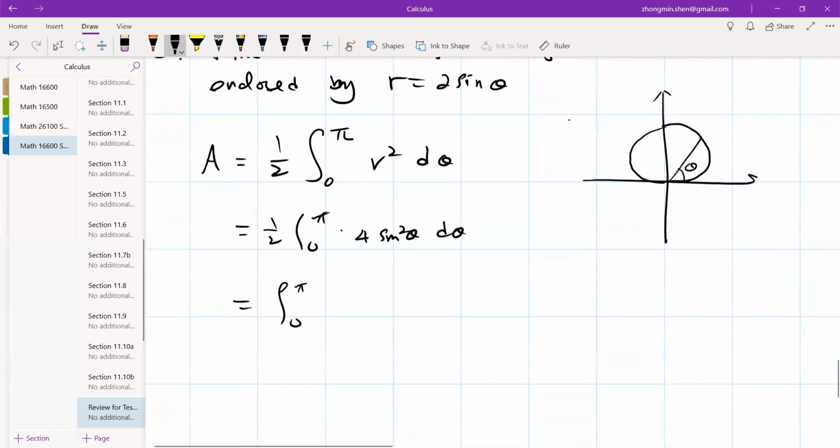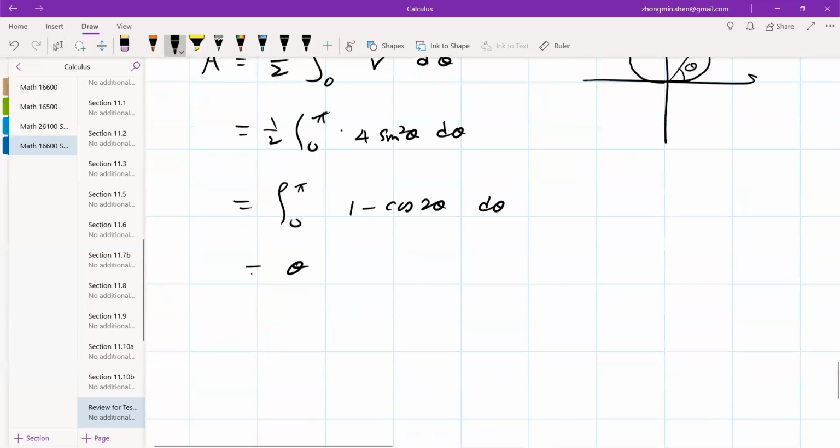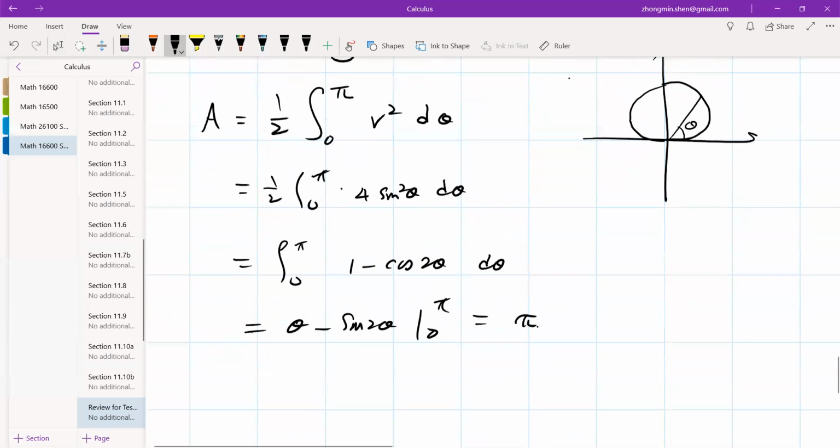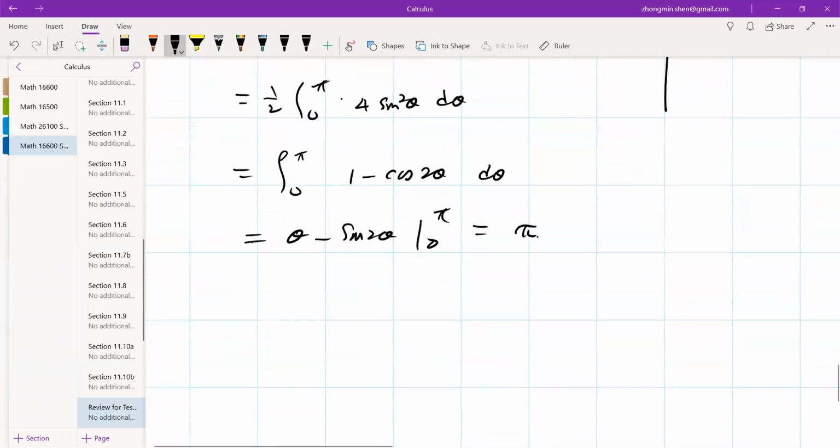It's 2 times the integral of 1 minus cosine 2 theta d theta. The antiderivative will be theta minus sine 2 theta over 2, evaluate at the endpoints, and you get pi. That's not a surprise, since we already know that the area of this circle is pi.